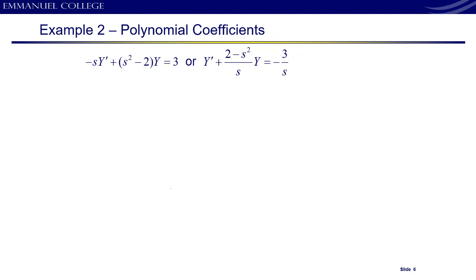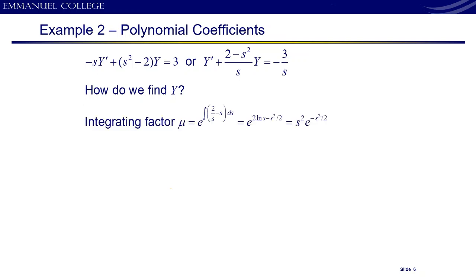But now, what you notice here is we can turn this into a separable equation. Or not separable, but we have kind of that standard form that we're used to. So to find y, we find the integrating factor just like before.